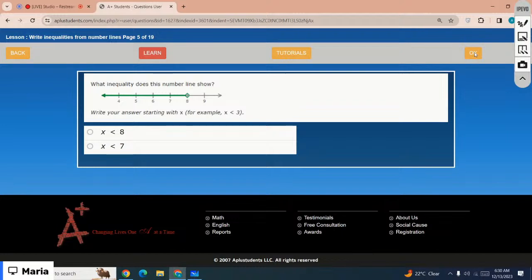The correct option is x is less than 8. Very good. Option number 1 is the correct option.